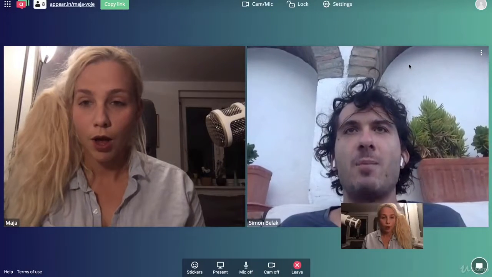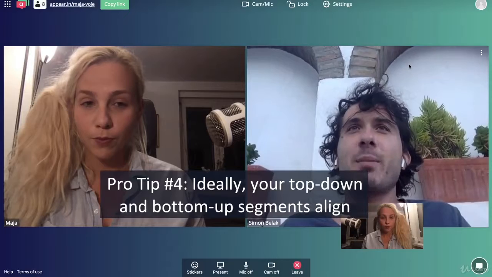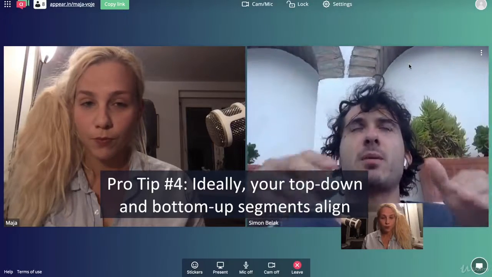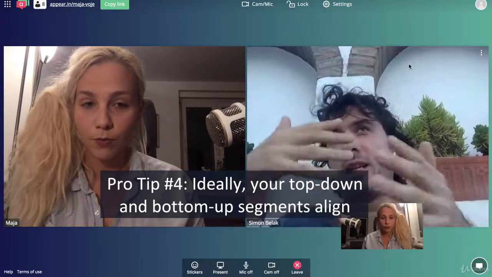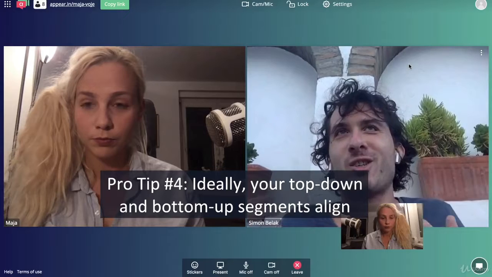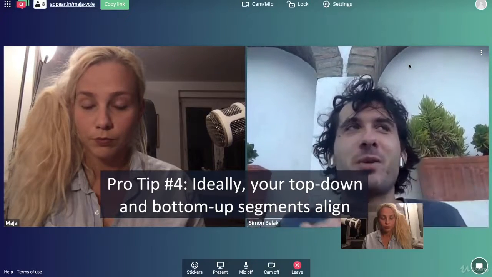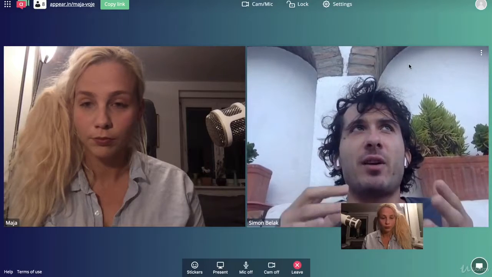Ideally, for your main segmentation, the ideas coming from the top-down, from the domain side, and the segmentation coming from the data side would coincide, although usually that doesn't happen, at least not initially. Don't get discouraged if this doesn't happen, because if anything, segmentation is a very iterative process.